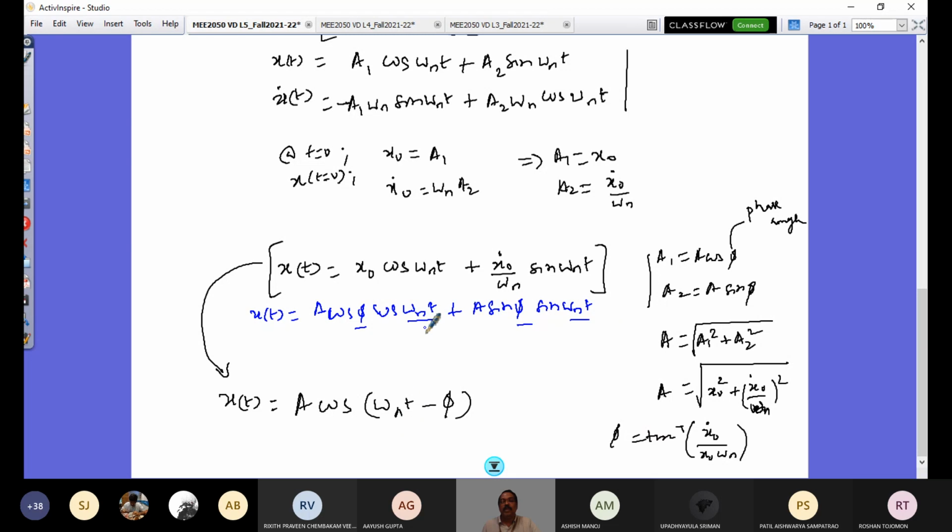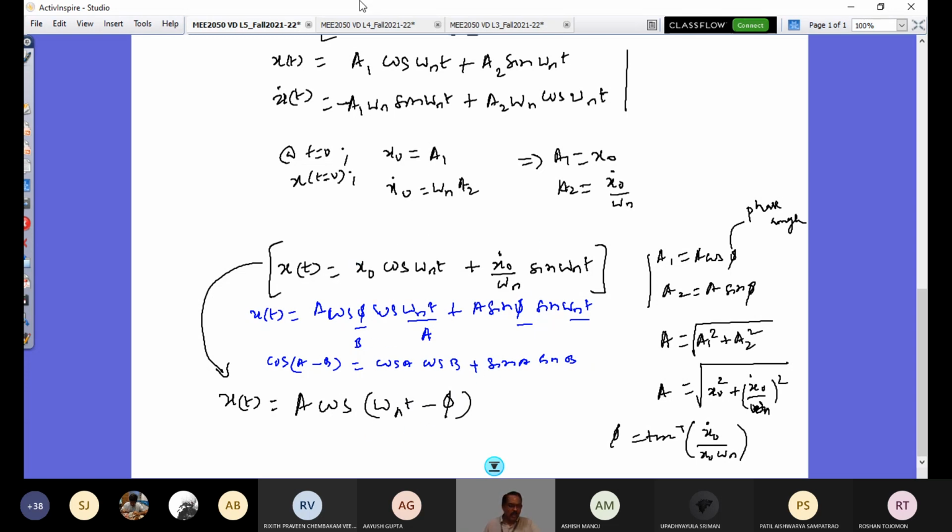I know cos(A minus B) is cos A cos B plus sin A sin B. That is how you can write this into this form.